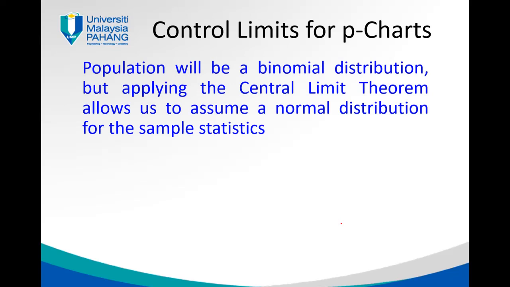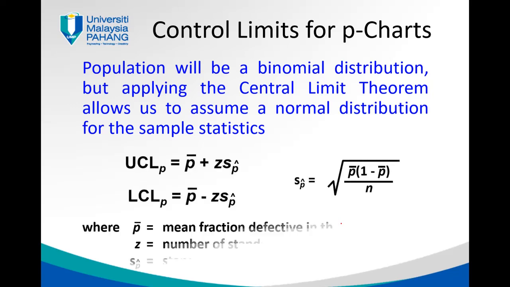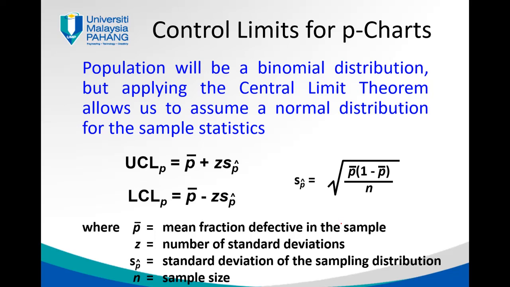The population will be a binomial distribution, but applying the central limit theorem allows us to assume a normal distribution for the sample statistics. This is the formula for the control limit of the P chart.